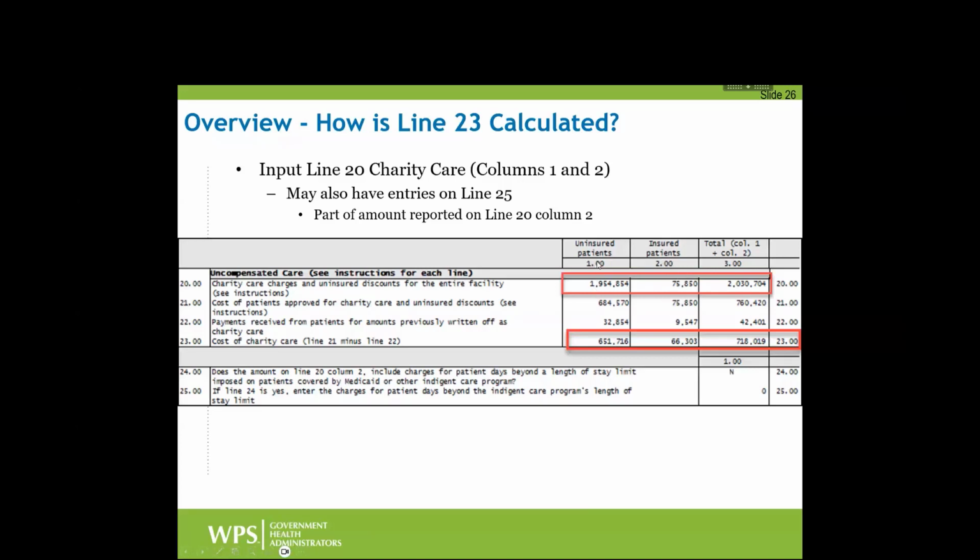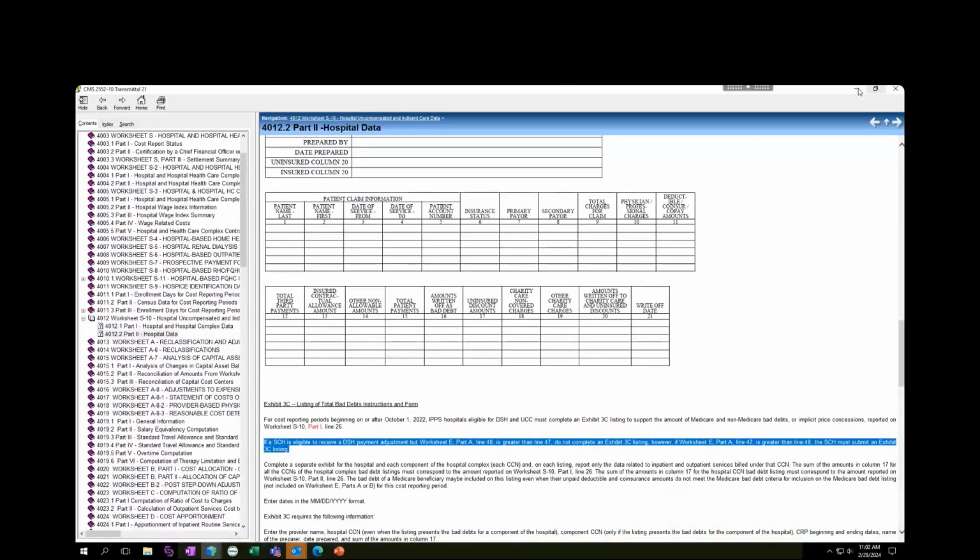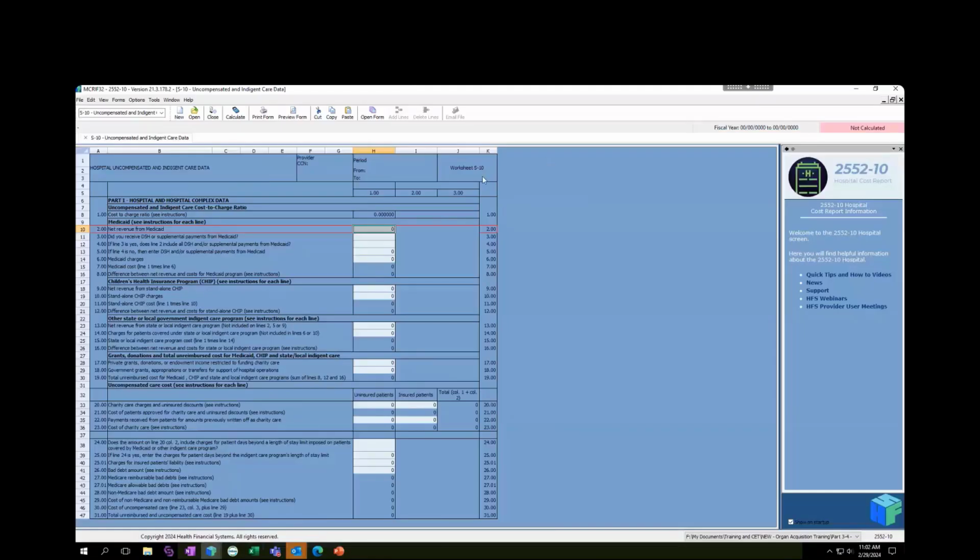In this example, in column 1, we had $1.9 million of charity care charges, but then the underlying cost of those charges is $684,000. That reduction is basically way back on line 1. Let me just open that up and show you here. At the top of S-10, you have line 1, which is a cost to charge ratio.